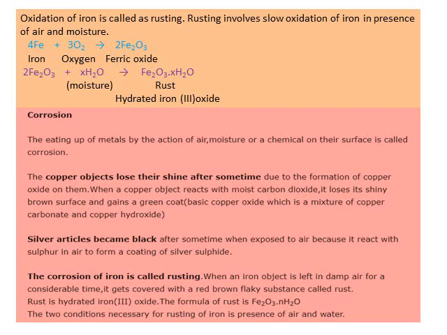So the shining gets reduced and it gets deposited with a black color coating over it. This is nothing but due to the reaction of silver with the oxygen present outside. So these are the three metals, that is iron, copper and silver, the metals which undergo corrosion. And this corrosion is due to the reaction of metals with oxygen.